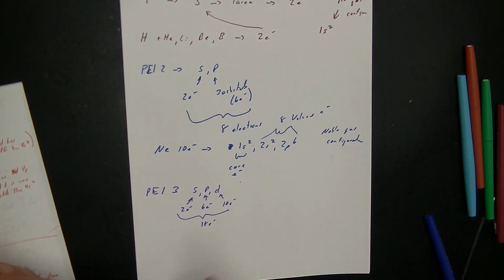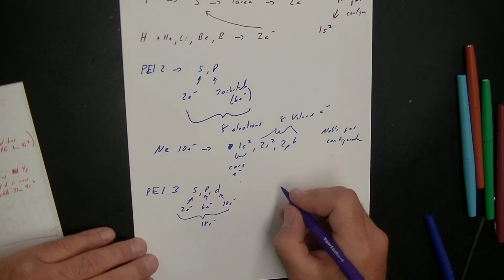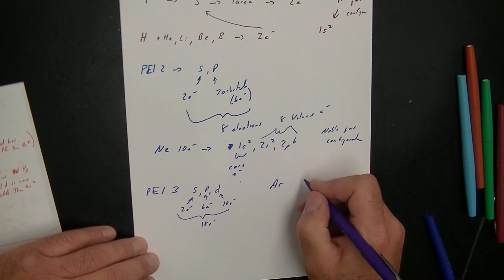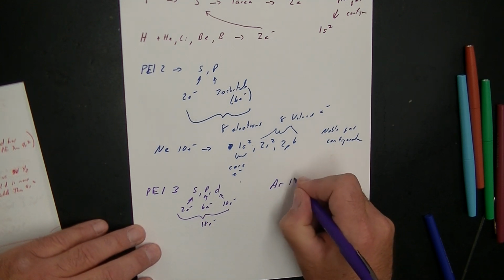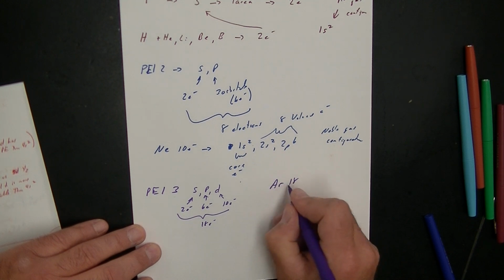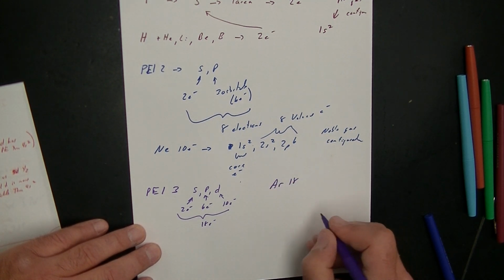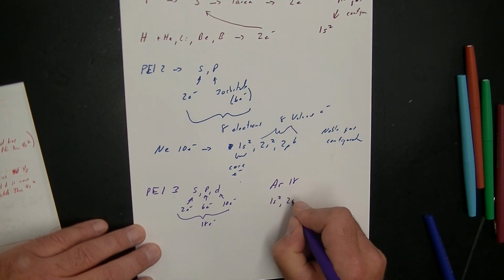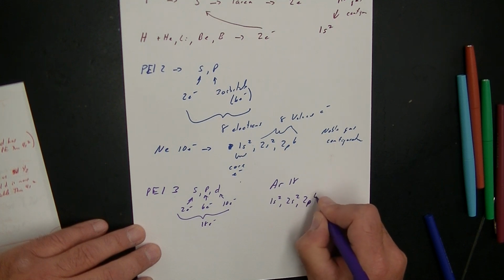Now, if we look at argon, argon has 18 electrons. It's a noble gas, so it's one of those configurations that electrons want. So it would be 1s2, 2s2, 2p6.